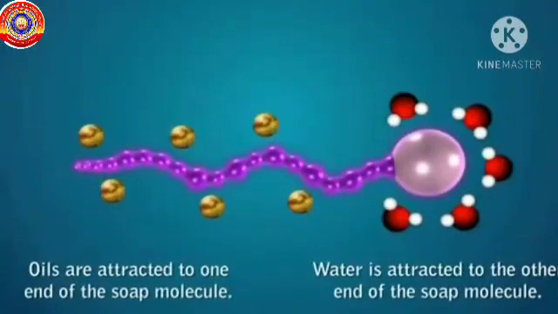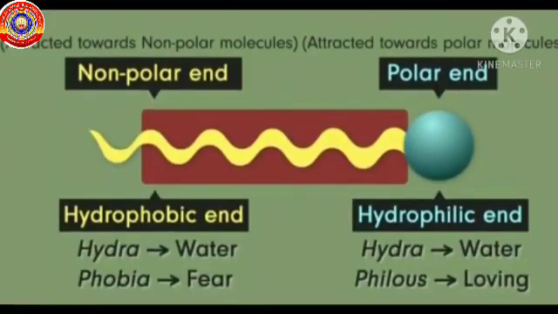A soap molecule has an oil-soluble non-polar end and a water-soluble polar end. The hydrocarbon part in the soap dissolves in the oil and the ionic part dissolves in the water. The soap decreases the surface tension of water and as a result, the clothes are soaked well. The soap molecules act as a link between the water and dirt and remove the dirt.